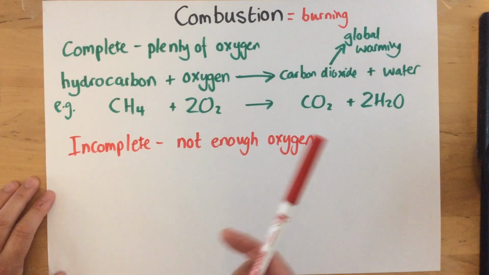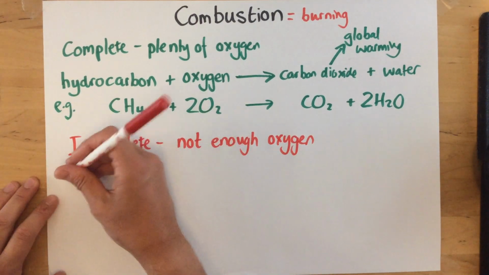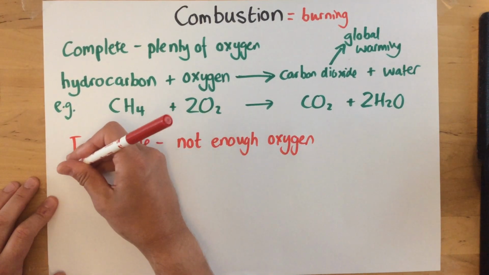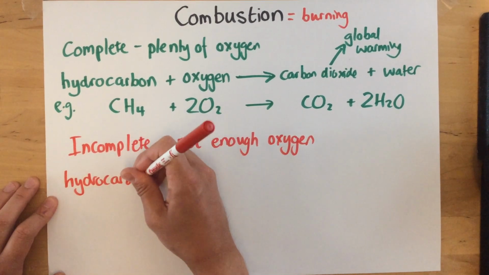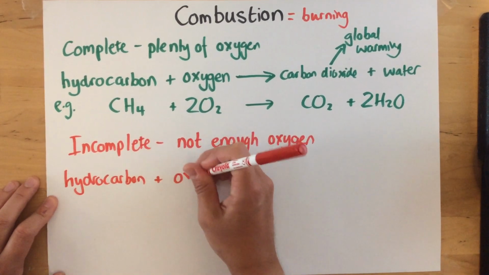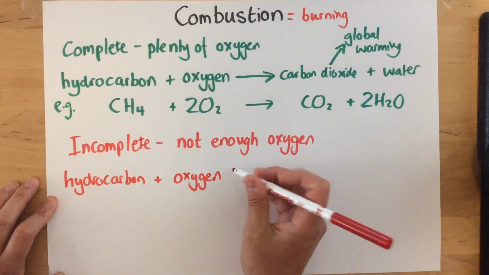I'm going to show you one example of incomplete combustion here. So let's say I have a hydrocarbon again. Again, these are great fuels. Again, we're reacting with oxygen. Combustion needs oxygen in order to occur.